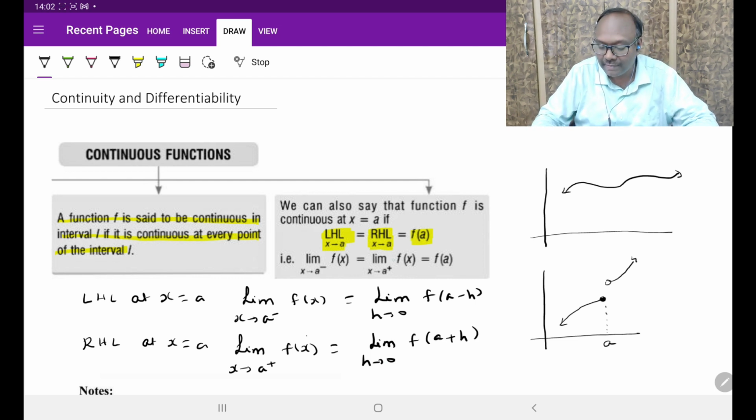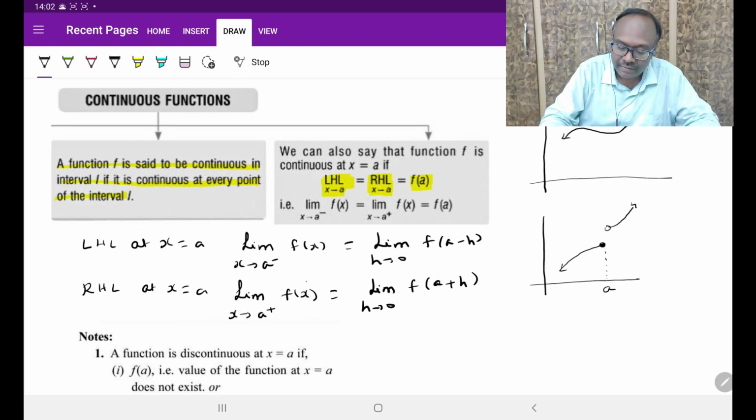So if the left hand limit and the right hand limit are equal, we have already seen that the limit is said to be existing only if the left hand limit equal to right hand limit. And if that is equal to the value of the function, then we say the function is continuous at a point x equal to a.